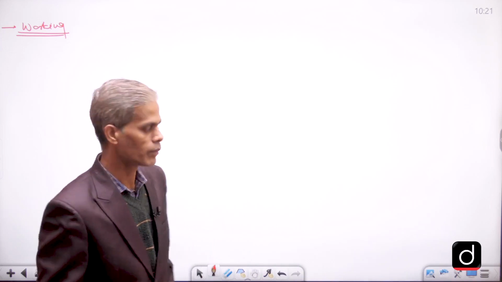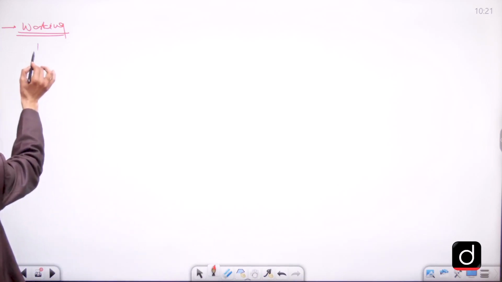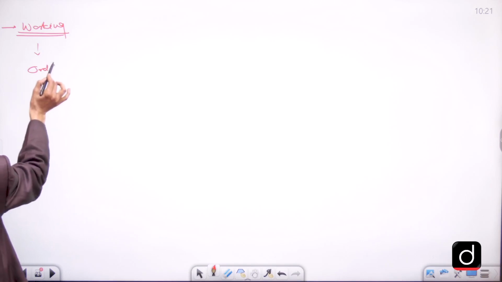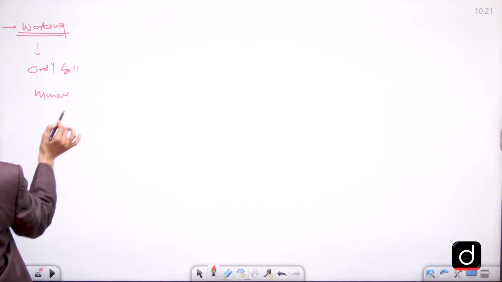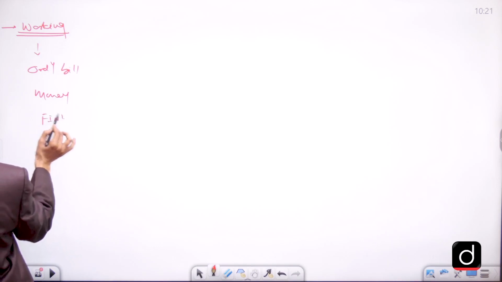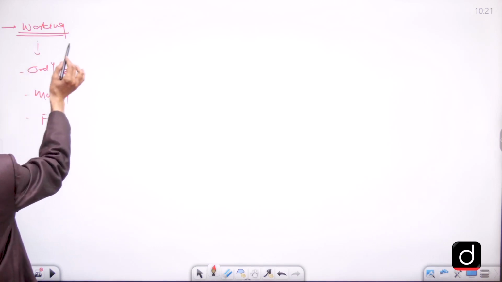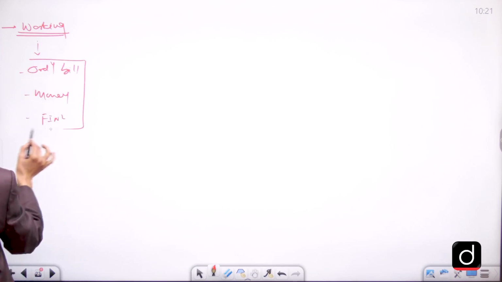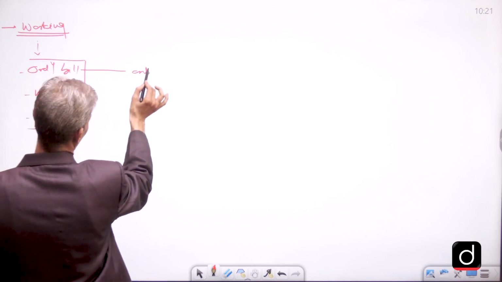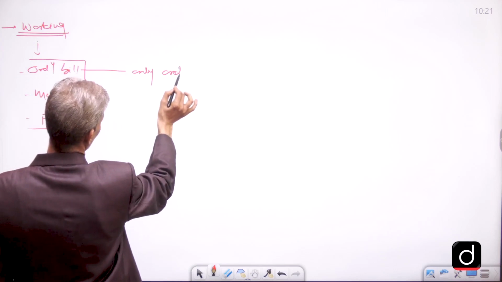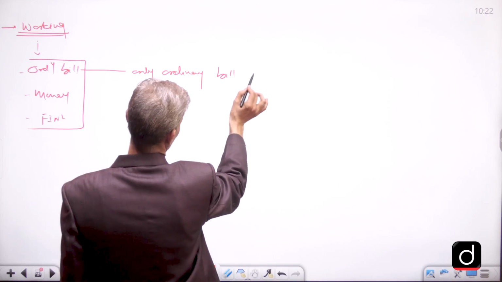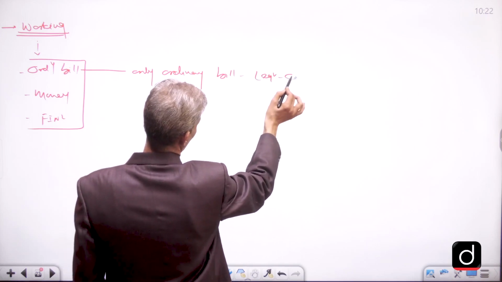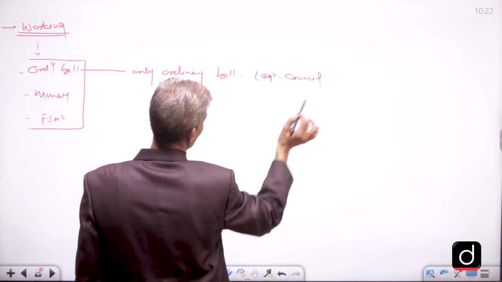But in states, the legislative council does not have any special power. That means out of the bills, let it be the ordinary bill, the money bill, the finance bill, constitutional bill, only the ordinary bill can be introduced in the legislative council. Rest all the bills can be introduced only in the legislative assembly.